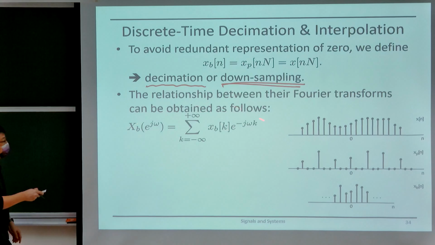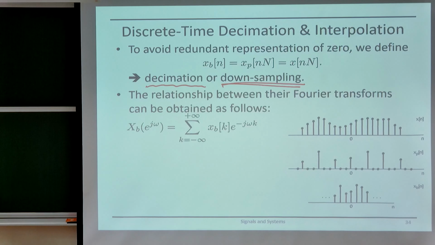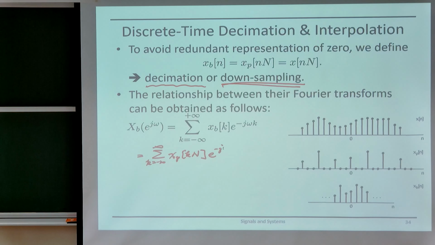And we can see that mathematically, right? So suppose we derive the Fourier transform. Right, so this can be written as summation over k of xp[kN] e^(-jωk), okay? Because xb[k] is just xp[kN].